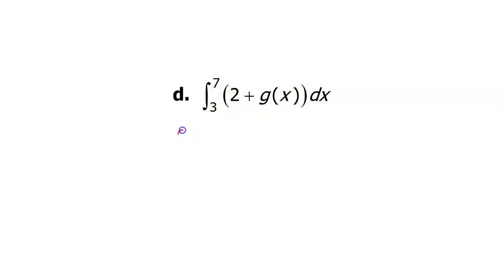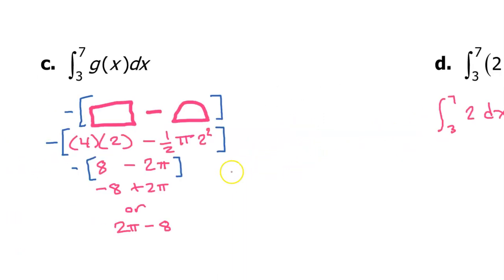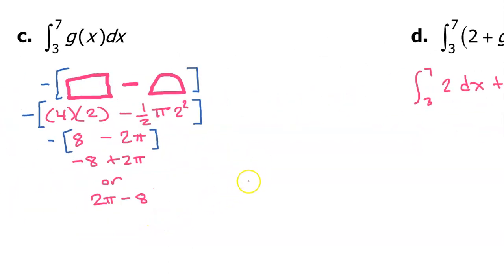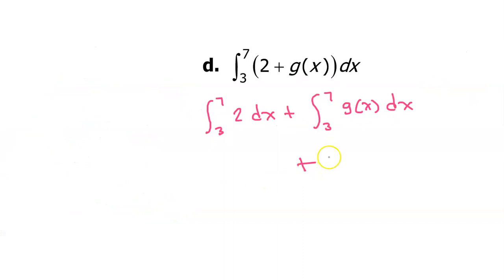So this would be the same as the integral from 3 to 7 of 2 dx plus the integral from 3 to 7 of g of x dx. The integral from 3 to 7 of g is what we just found. So we already know that this is going to be 2 pi minus 8. So I'm going to put plus 2 pi minus 8 right here.